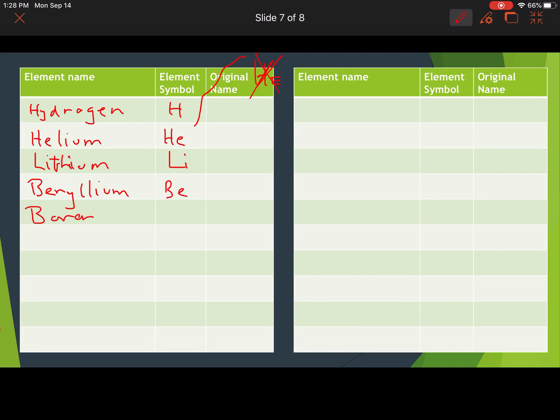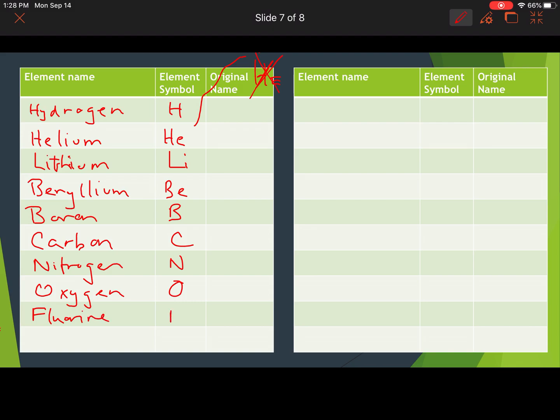Boron is our next one, which is just capital B. Carbon, you probably know, capital C. Nitrogen is capital N. Oxygen, capital O. Fluorine is capital F. And then neon, we've got our neon signs are full of neon gas. This is capital N, lowercase e.